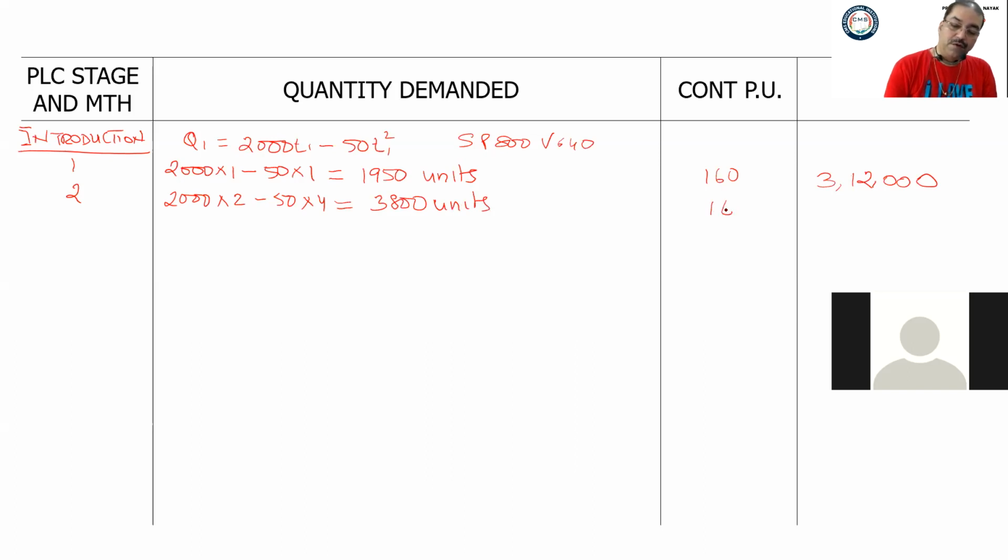Contribution remains 160. 3,800 into 160 is 6,08,000.